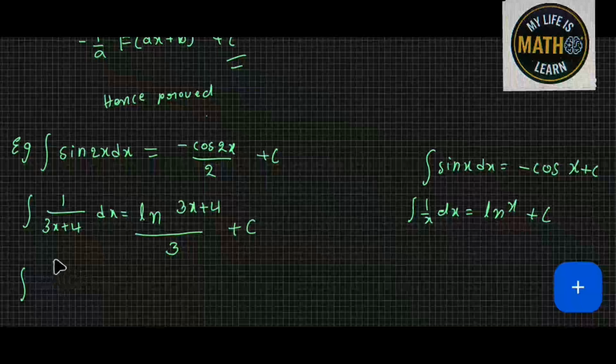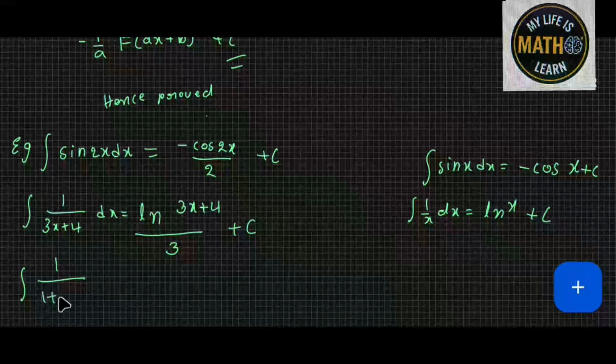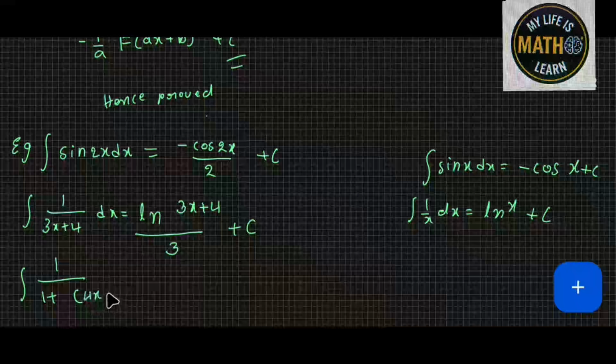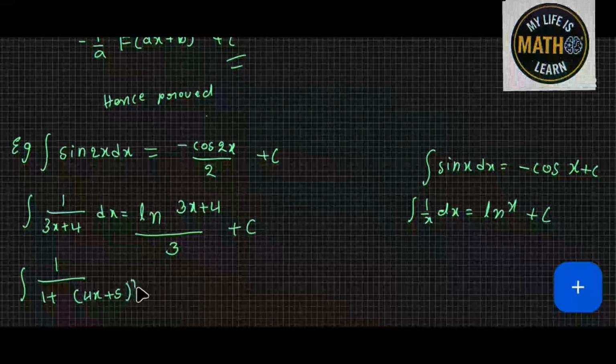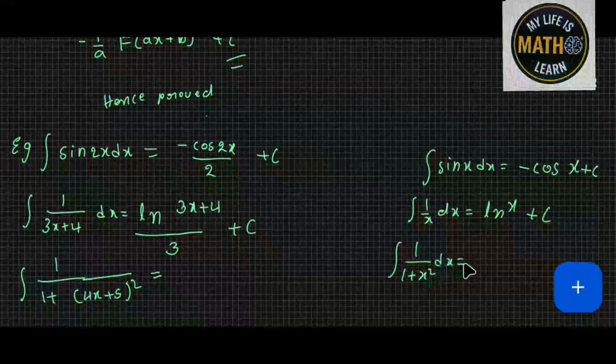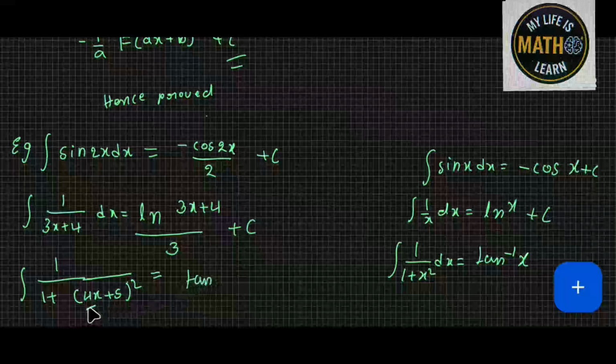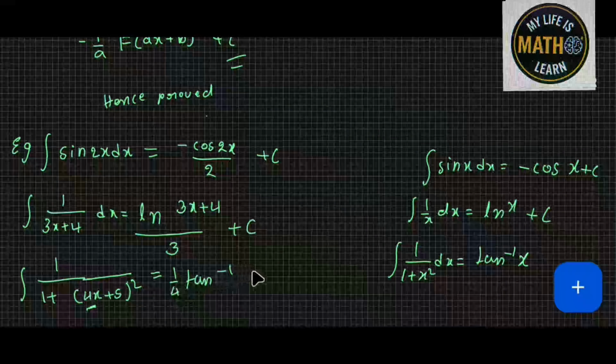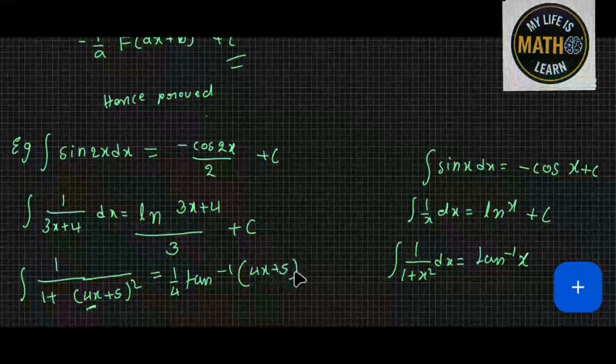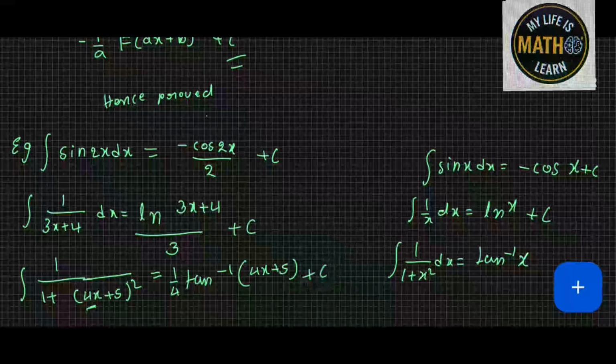Next, the integral of 1 by 1 plus (4x plus 5) whole square dx: the integral of 1 by 1 plus x square dx is equal to tan inverse of x. So it is tan inverse of 4x plus 5, with 1 by 4 written before, plus c.